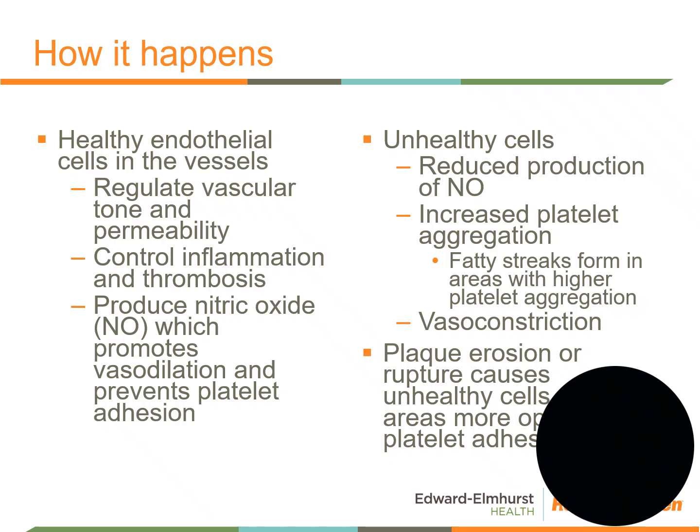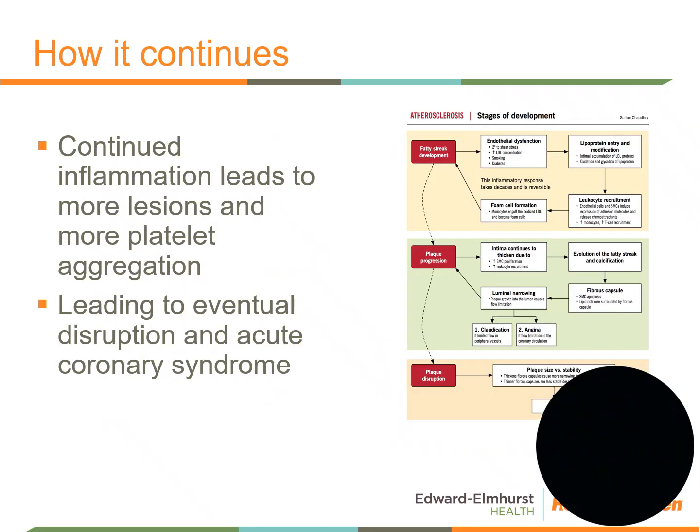Those fatty streaks form areas with higher platelet aggregation, and in turn, it causes some vasoconstriction. Plaque erosion or rupture causes unhealthy cells, areas more open to platelet adhesion. Continued inflammation leads to more lesions and more platelet aggregation, leading to eventual disruption in acute coronary syndrome.